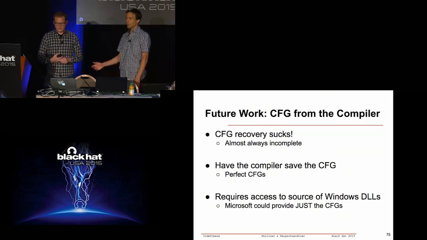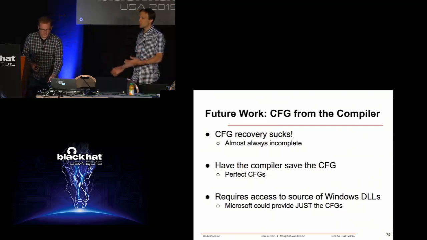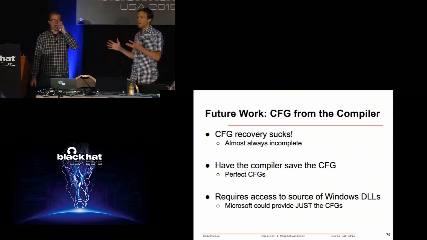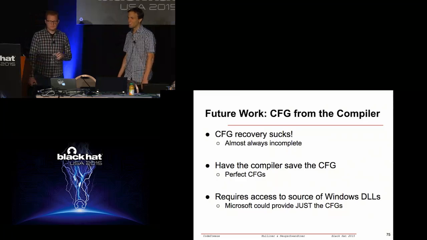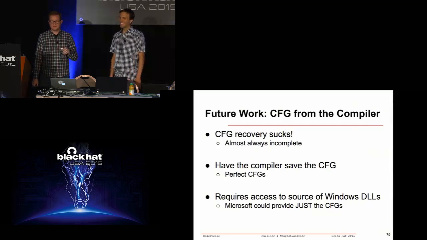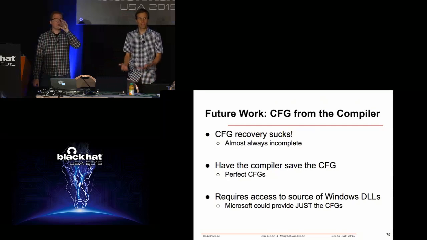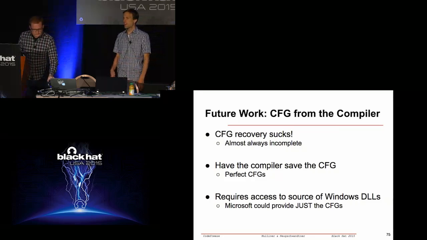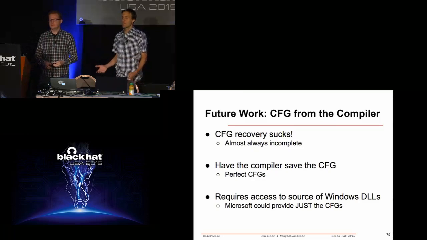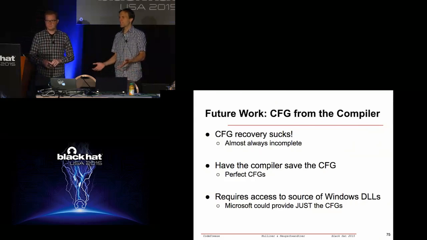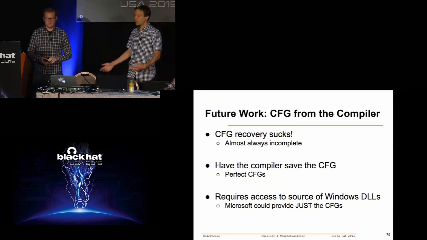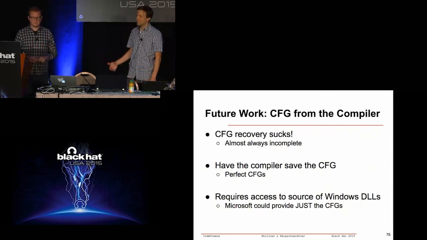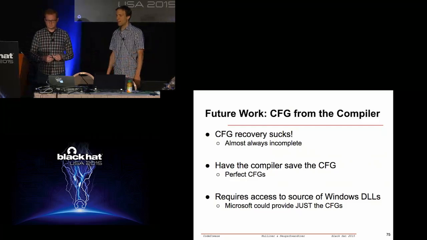Yeah, and actually, future work that we thought about is working on the compiler side a little bit more, because CFG recovery sucks. One idea that we had is, because we're using lots of system DLLs, when compiling those system DLLs, it would be nice if the compiler would just give us the CFG right away, because then we would get perfect CFGs to begin with, and we wouldn't need to do this hard task of recovering them.